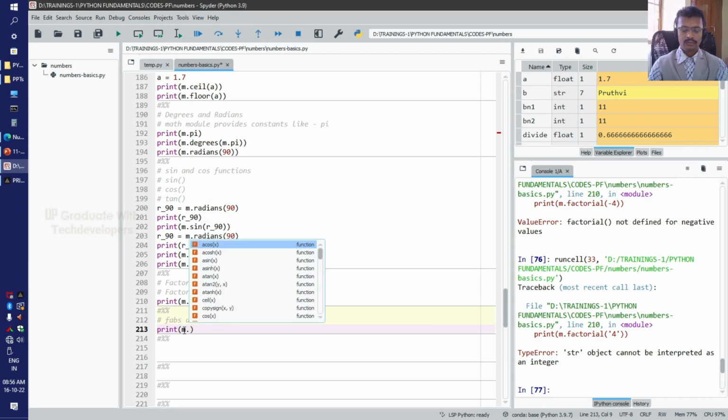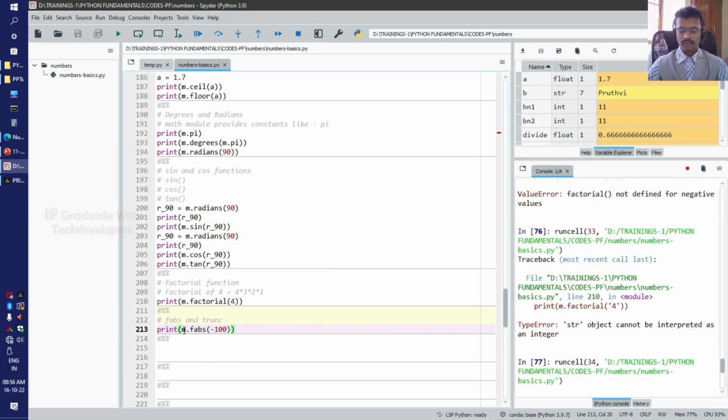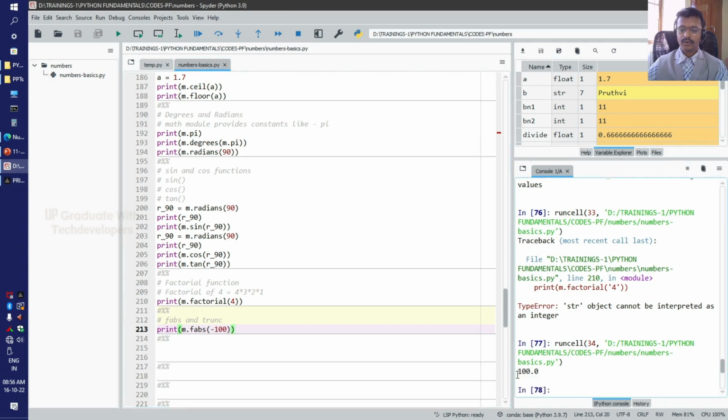M dot f absolute. So we have f absolute. Let us pass the negative number, for example minus 100. Let us see what happens. We got plus 100 in the form of a floating point value.